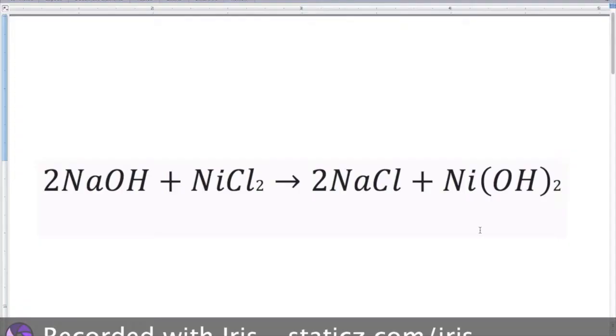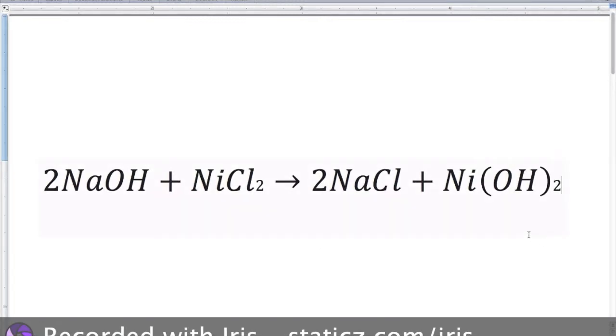Alright, so here we have the balanced chemical equation for the reaction that took place. If you take it in terms of moles, 2 moles of sodium hydroxide and 1 mole of nickel 2 chloride will react to form 2 moles of sodium chloride and 1 mole of nickel hydroxide.